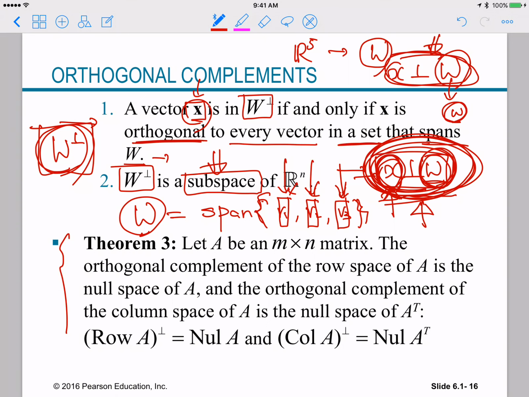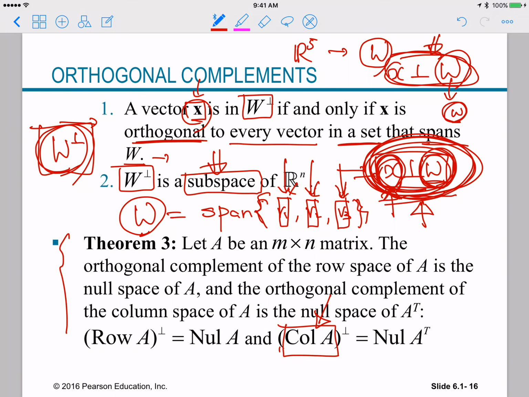Okay, and if your subspace is the column space of some matrix A, we now consider the matrix A and its column space and null space and things like that. You know the column space and null space are also subspaces, which are closed under linear combination, right?